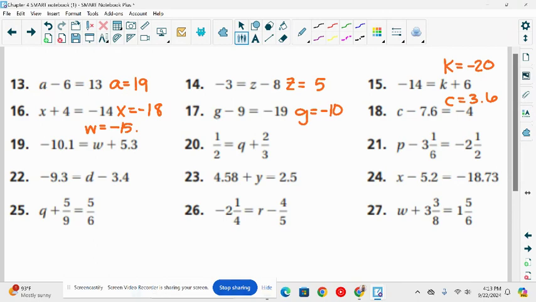I do believe that was it, but it's on paper. Yeah, 4. Q equals -1.6. P equals -2/3.